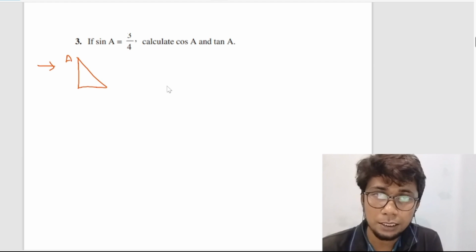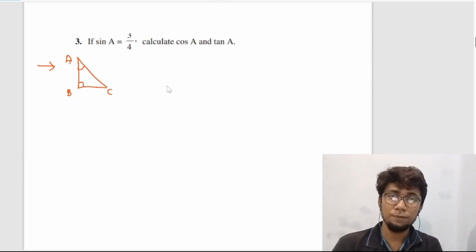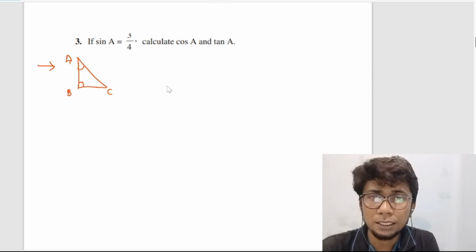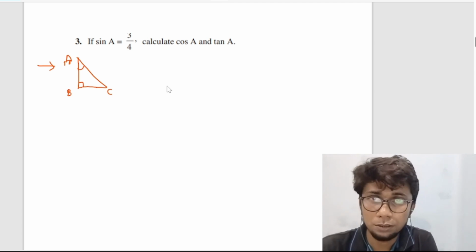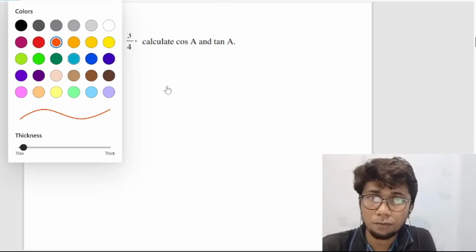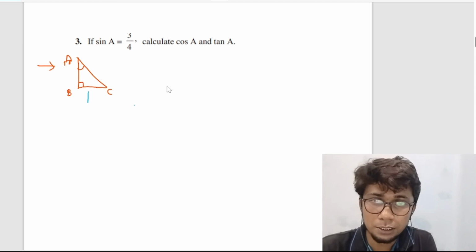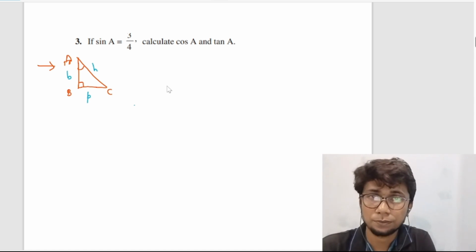Let's say this is A, B is the right angle, and C. So A is under consideration here. Fine. We have sine A. For A, this is our perpendicular. This is our base, and this is our hypotenuse, right?